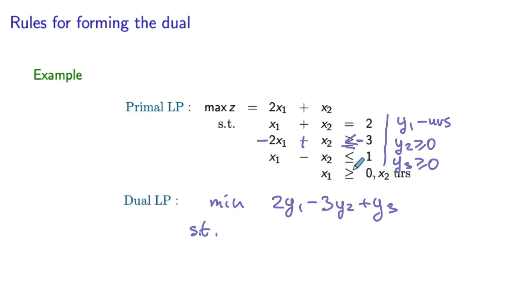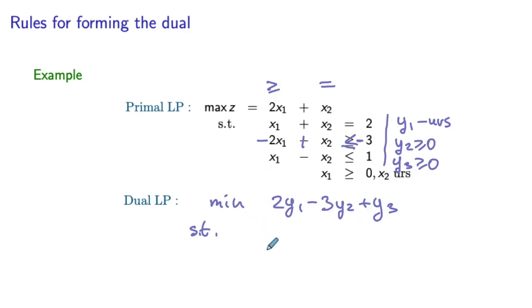It's a non-negative variable in the primal, which means that we'll have a greater than or equal to constraint for the dual. So let's note this here. For the first dual constraint we'll have a greater than or equal to constraint, and then x2 was unrestricted in sign. So let's note that the second constraint for the dual will be the equality type because it corresponds to an unrestricted in sign variable in the primal.